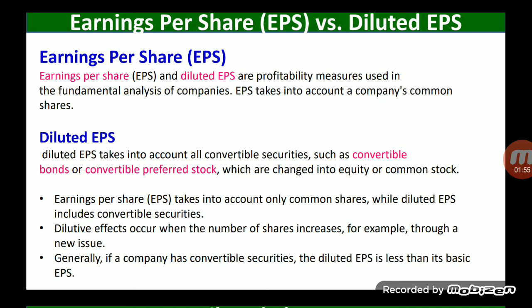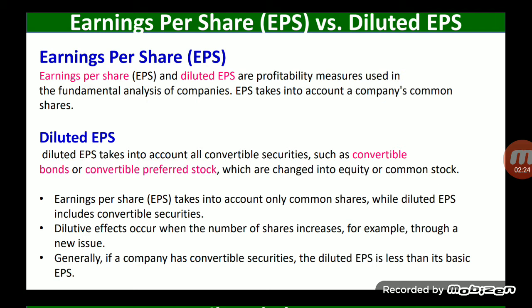EPS takes into account a company's common shares, and diluted EPS takes into account all convertible securities such as convertible bonds or convertible preferred stocks which are changed into equity or common stocks. So earning per share takes into account only common shares, while diluted earning per share includes convertible securities.